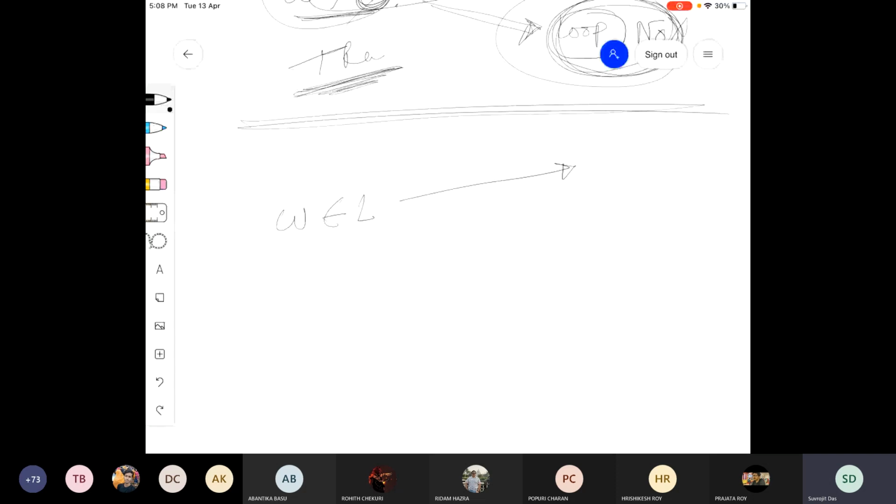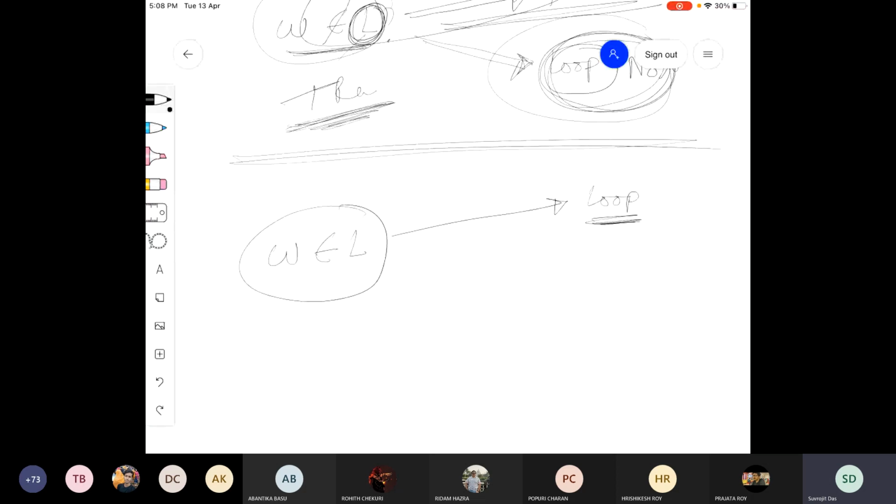So even if W is a member of L, the machine may loop in indecision. It may take an indecisive course of working, and it may say that it cannot say whether W is a member of L. Even if W is not a member of L, it cannot say no in deterministic time.